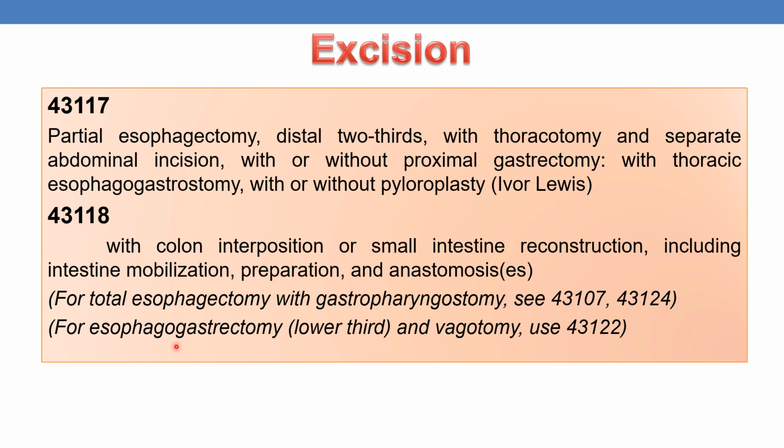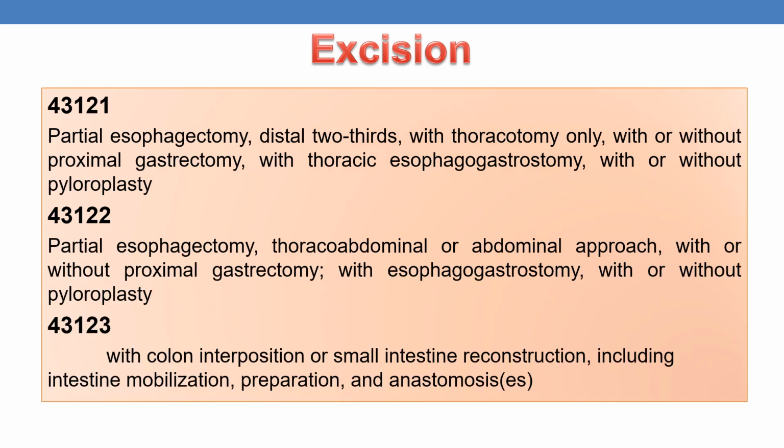And for esophagogastrectomy, lower third, it is distal 2/3. For lower third and vagotomy, use 43122. The next CPT is 43121. It deals with partial esophagectomy, distal 2/3 with thoracotomy only, with or without proximal gastrectomy, with thoracic esophagogastrostomy, with or without pyloroplasty. The next is 43122.